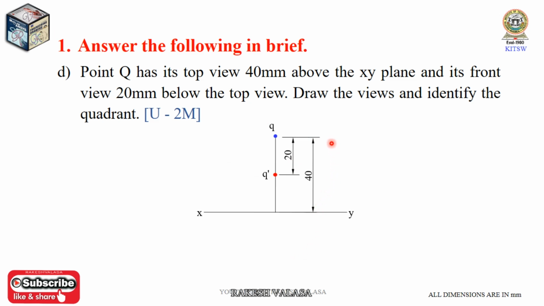This type of possibility we can get only in the second quadrant. In the second quadrant, both front view and top view are above the XY. The second quadrant position means above the HP and behind the VP. In that case, both top view and front view are above XY. So the answer is second quadrant.